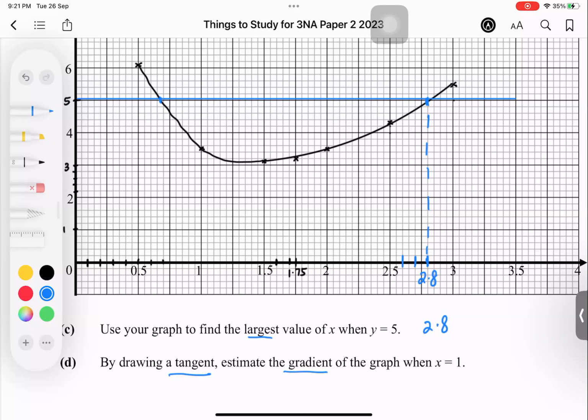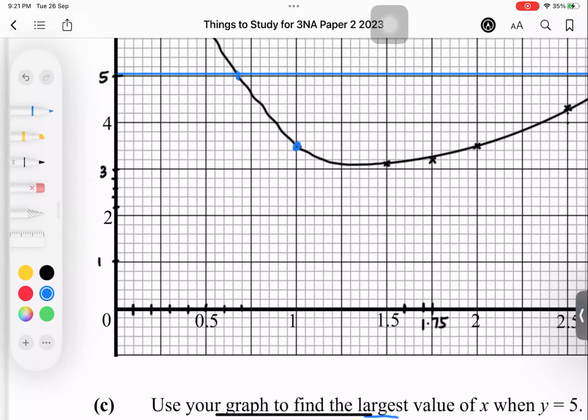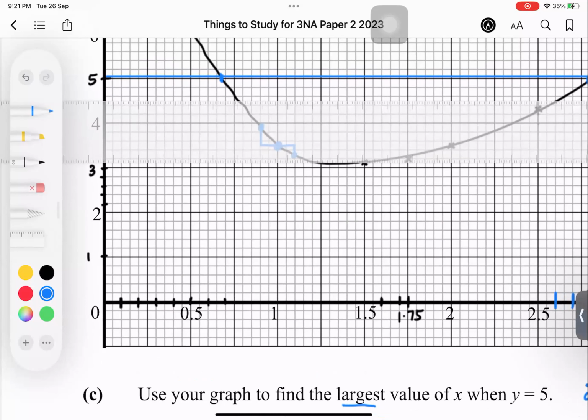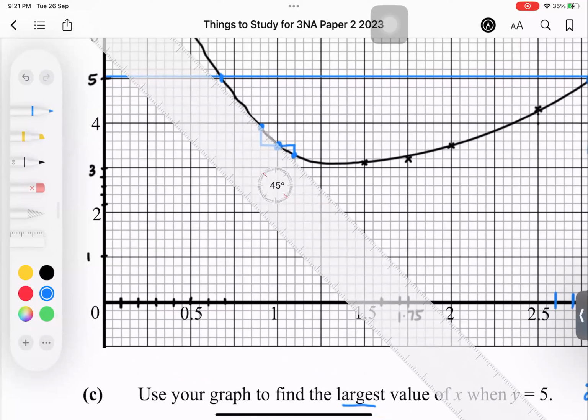When x equals 1, it is this one. What can we do? We can use 2 boxes or 1 box also can. Go up, touch the graph. Go 2 squares, go down, touch the graph. This side can be longer, this side can be shorter, not necessary. Just that it's 2 squares left, 2 squares right. But the ruler does not need to pass through these 2 dots.